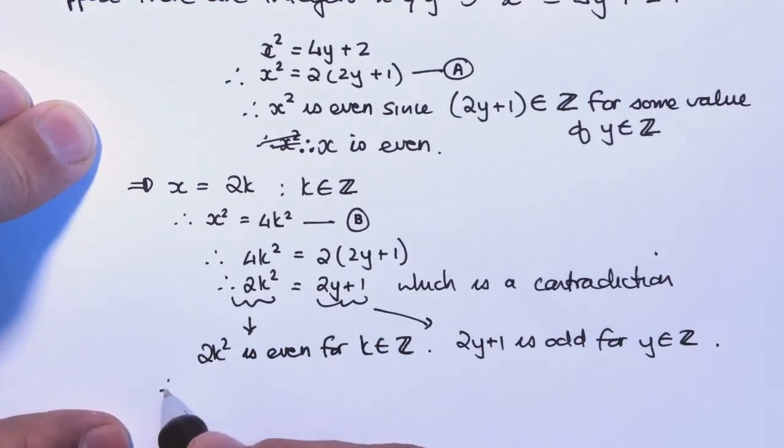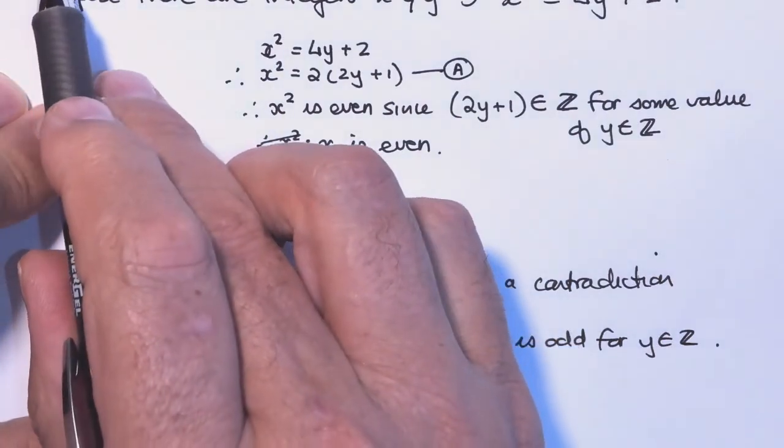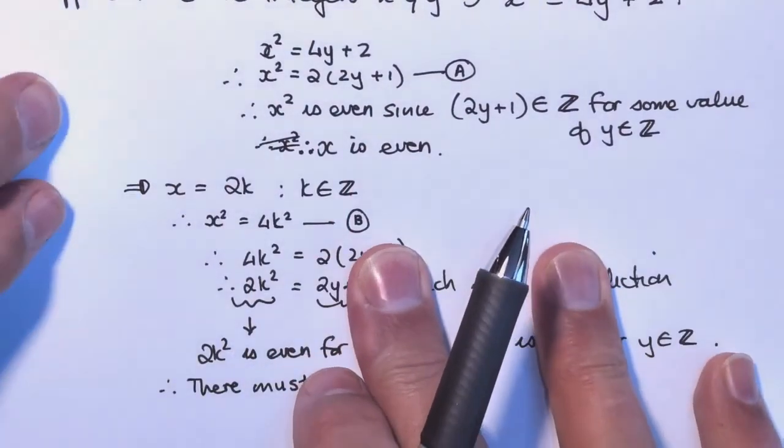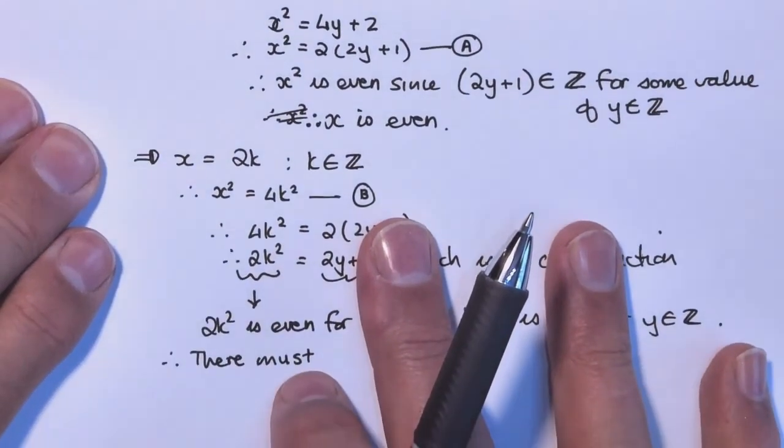Therefore, there must... Well, what was the original statement? It said, prove there are no integers x and y for which that's true.